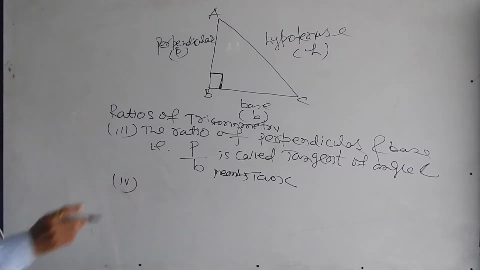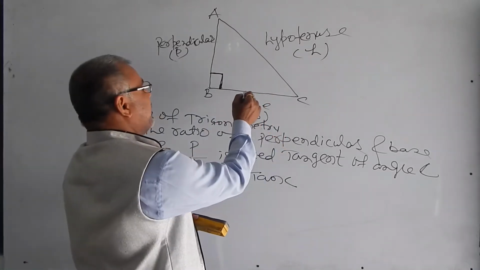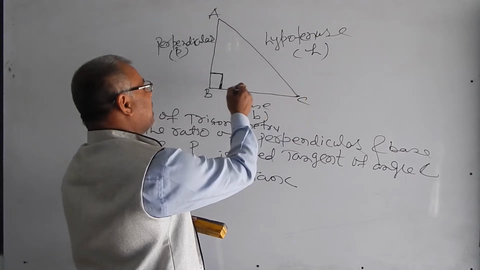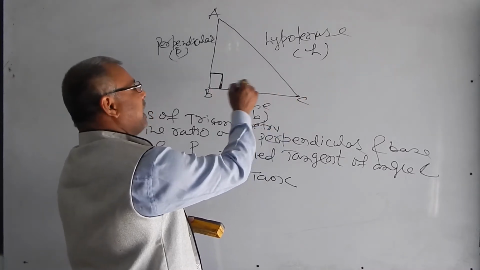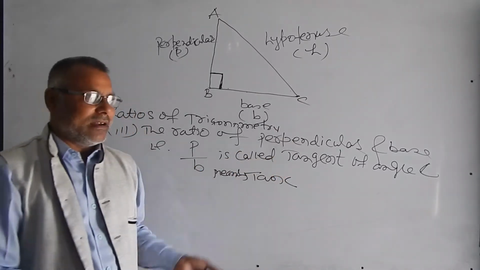Which angle do we take? The base angle. Here the base is BC, so the angles located on the base BC are angle B and angle C, and we always take the base angle.